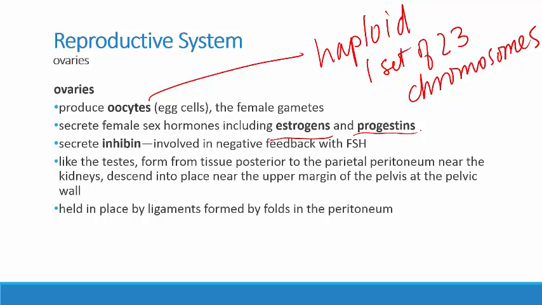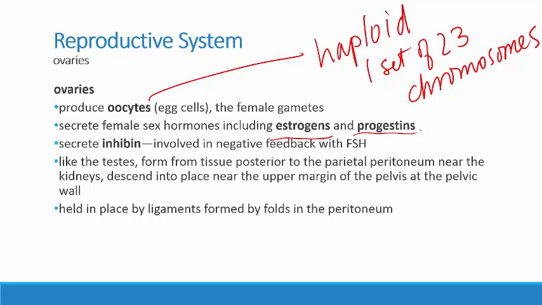So like the testes, the ovaries form from tissue posterior to the parietal peritoneum, near the kidneys, and then they descend into place near the upper margin of the pelvis, right back near the pelvic wall. They're held into place by folds of the peritoneum that over time develop into ligaments.